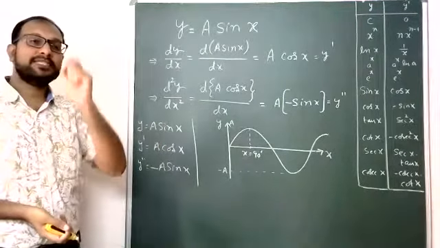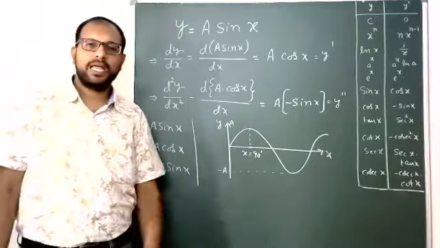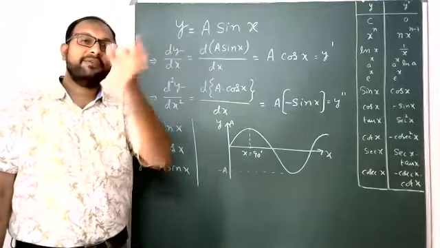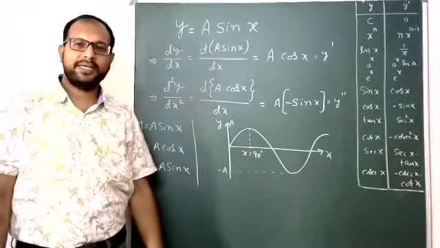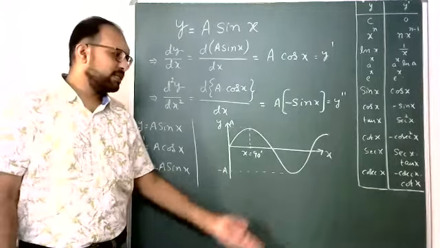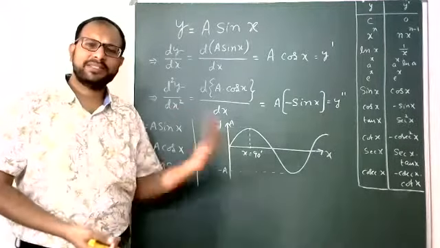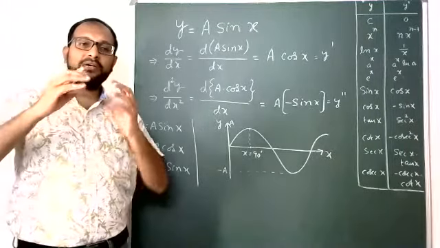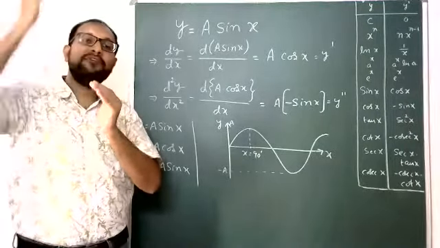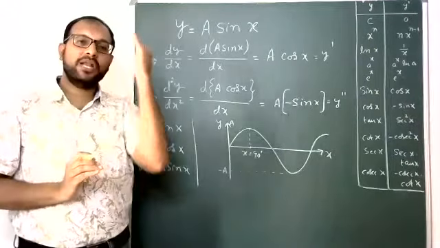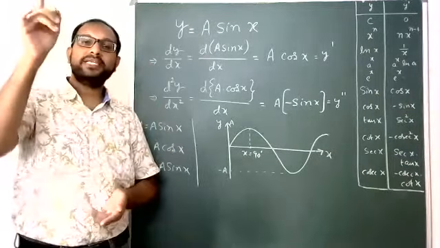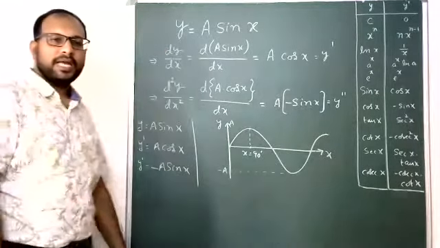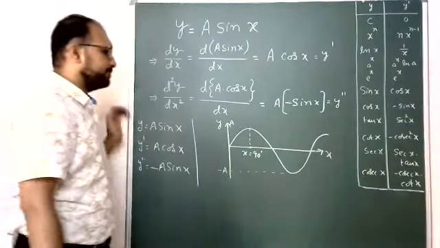Any function having a maximum value, at that maximum value its first derivative is 0. Remember, because in our physics many applications are based on this concept. At that particular location the slope is 0, means the first derivative is 0.